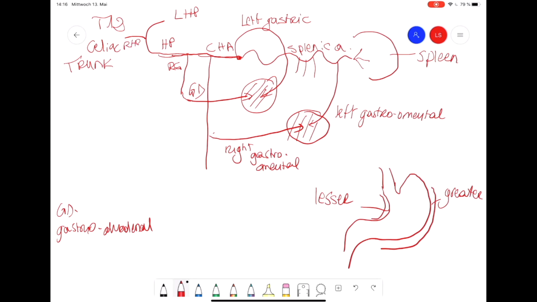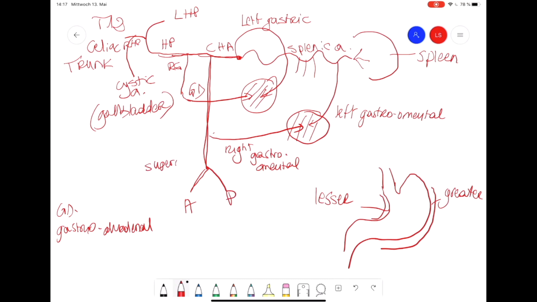And from the right hepatic proper, there is one branch coming off, which is the cystic artery, which will provide the blood supply to the gallbladder. Going back to the gastroduodenal, which is this one here, the gastroduodenal will also split further into two arteries, which are the anterior and posterior superior pancreaticoduodenal.